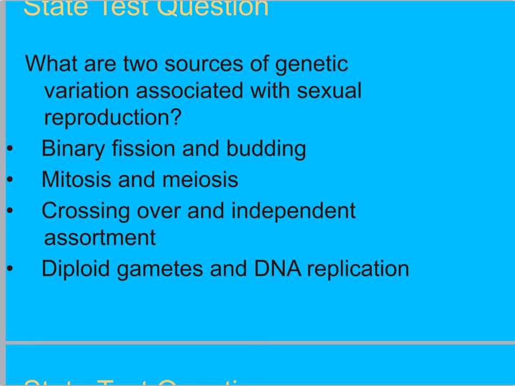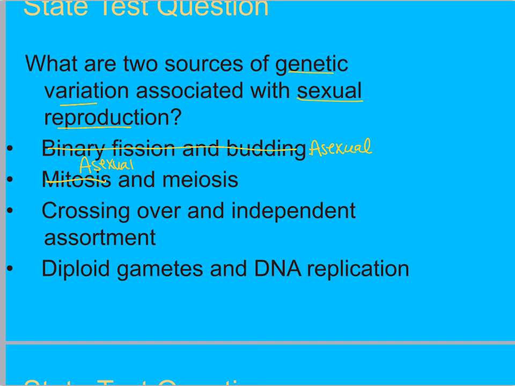What are two sources of genetic variation associated with sexual reproduction? Is it binary fission and budding, mitosis and meiosis, crossing over and independent assortment, or diploid gametes and DNA replication? Well, binary fission and budding are both asexual. And this is sexual and genetic variation. So where does the genetic variation come from? Okay, mitosis is asexual.